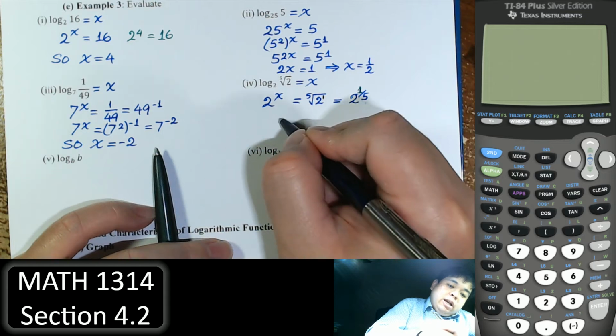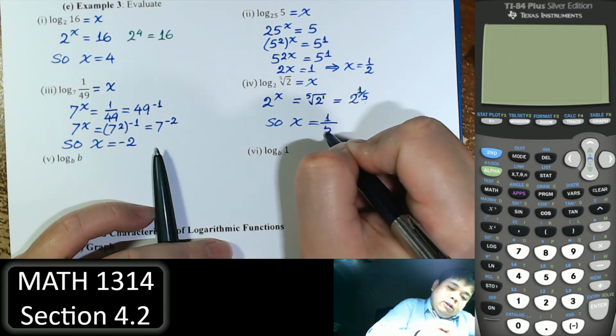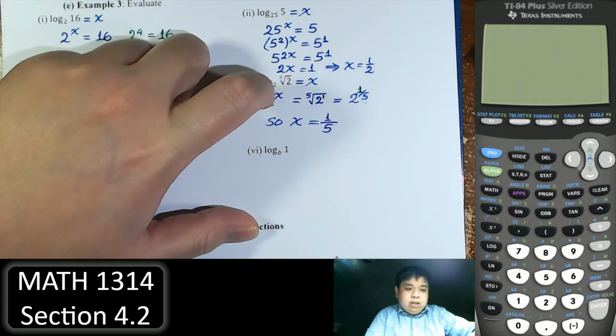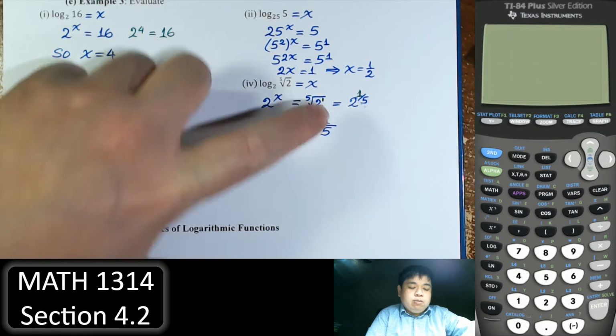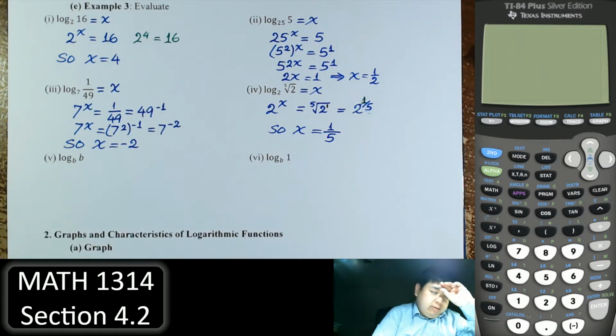So 2 to the x power is equal to the fifth root of 2 to the first, and we write that. So x is equal to 1/5.